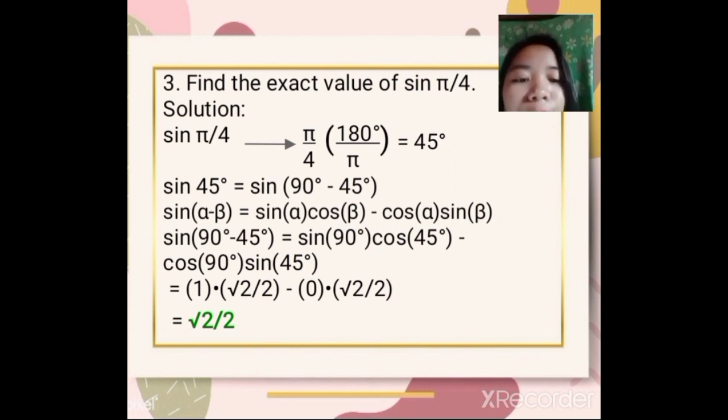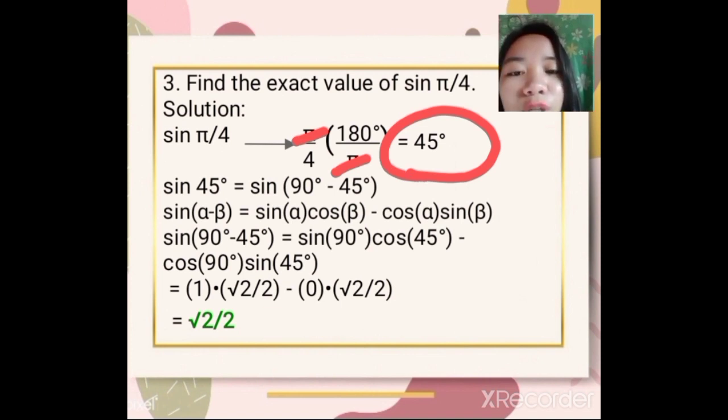So we have pi over 4 times 180 over pi. Cancel the pi. So we have 180 degrees over 4. So the result is 45 degrees. So the two degrees that their difference will result to 45 degrees is 90 degrees minus 45 degrees.